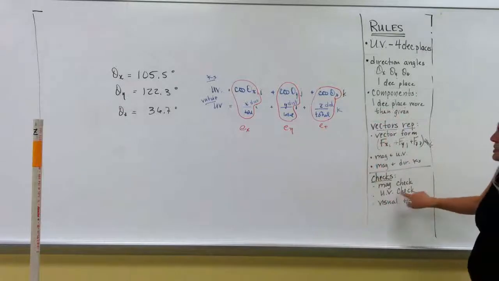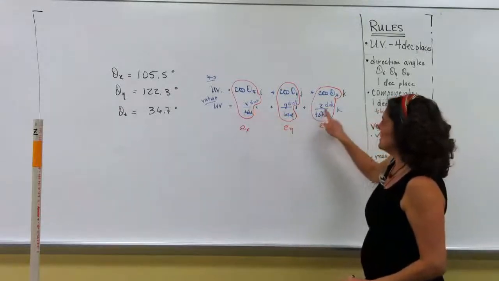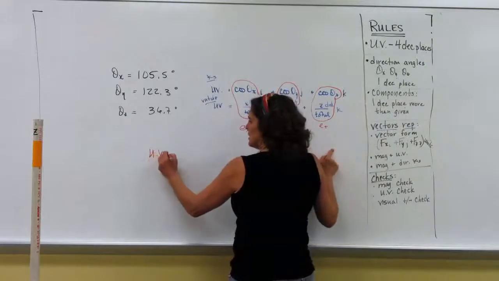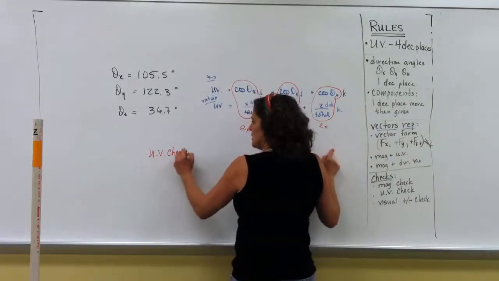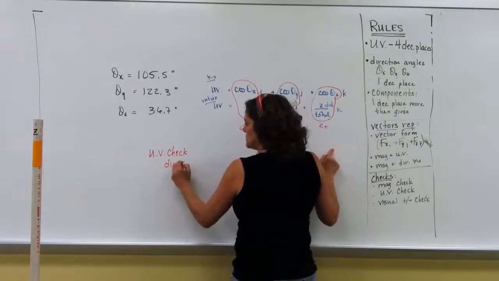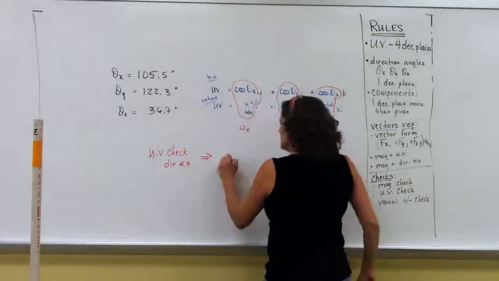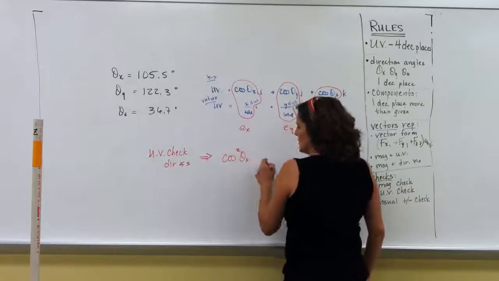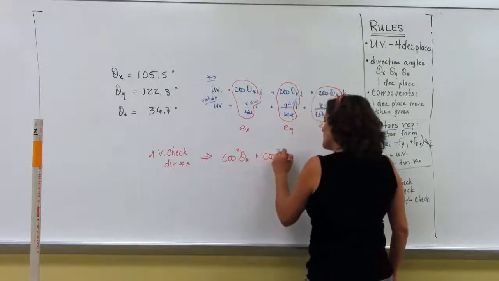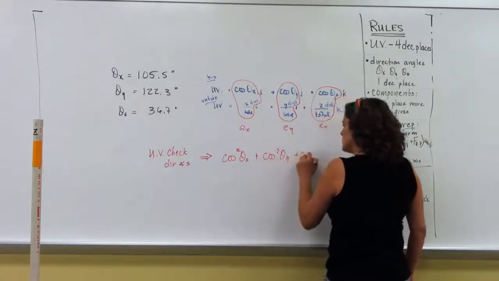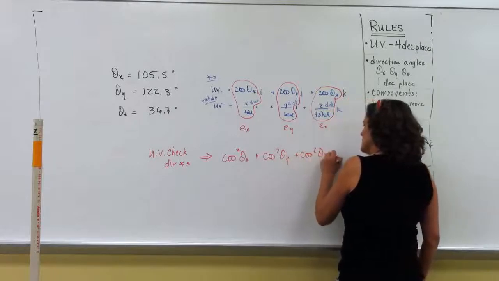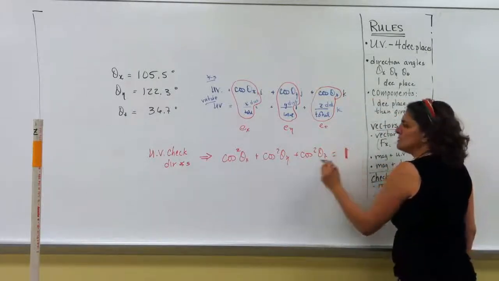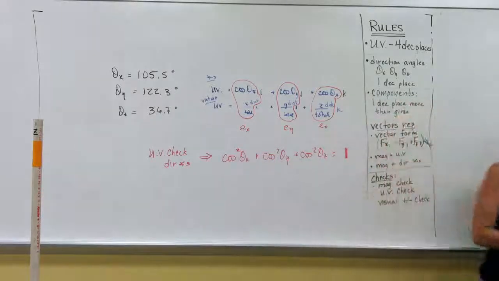We did a unit vector check by taking these values and squaring them. Wouldn't the same unit vector check using the direction angles be the cosine squared of theta x plus the cosine squared of theta y plus the cosine squared of theta z? And what should that come out to be? 1, because the magnitude of the unit vector turns out to be 1.